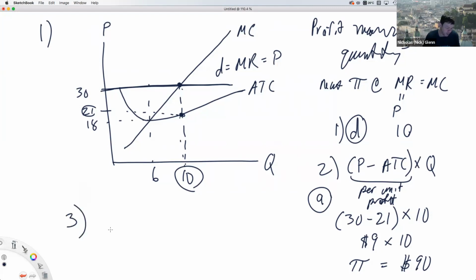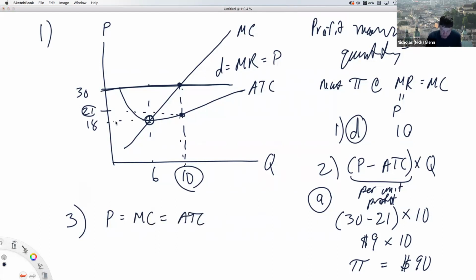This one was, at what price will the firm exit in the long run? Well, in the long run, the firm will exit at 18. It's when price equals marginal cost equals average total cost.